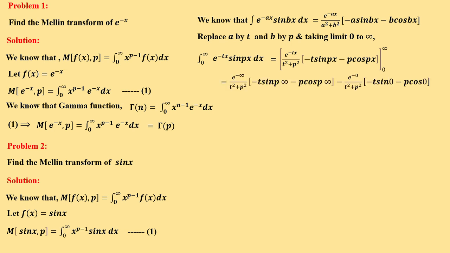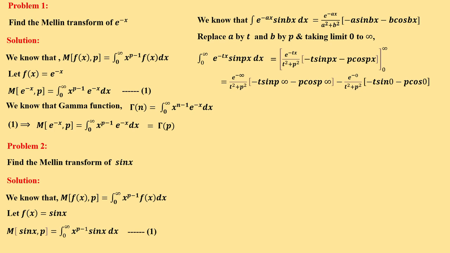Applying the upper limit, instead of x we put infinity, so e power minus infinity by t square plus p square into minus t sin infinity minus p cos infinity, minus the lower limit 0: e power minus 0 by t square plus p square into minus t sin 0 minus p cos 0. We know e power minus infinity is equal to 0, and 0 into something is 0, so the first term is completely 0.